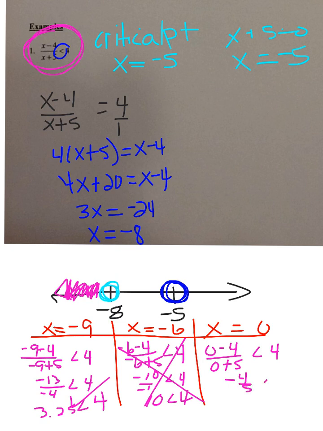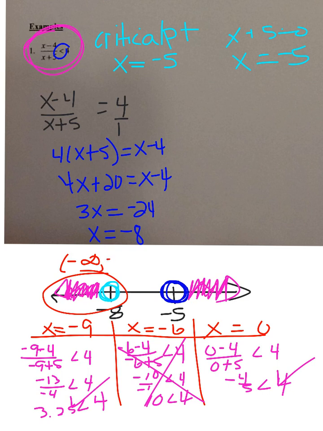That's -4/5 is less than 4. Of course that's true. A negative is less than a positive. So I shade to the right. So this here is called a graphical solution. Now you should be able to write the solution using interval notation. So over here on the left, I would have from -infinity to -8.